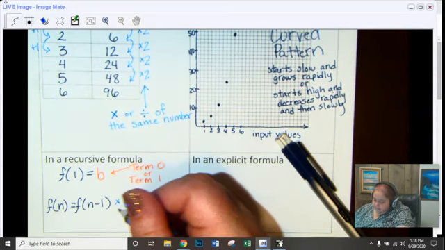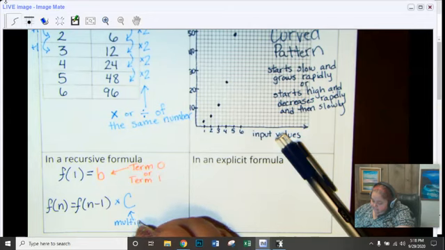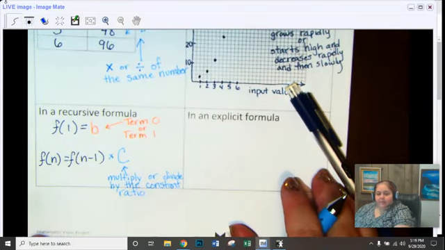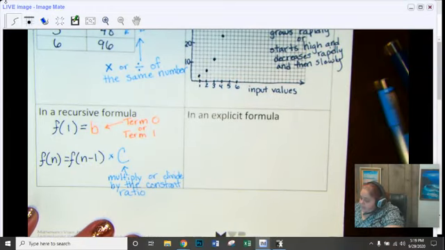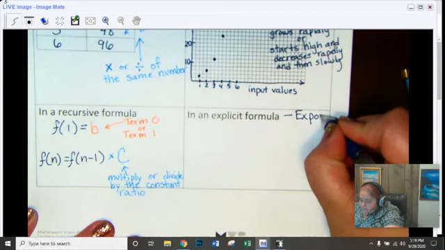So this is multiply or divide by the constant ratio. Now, what you're looking for in your explicit function is that it's going to have an exponent. So it is exponential.